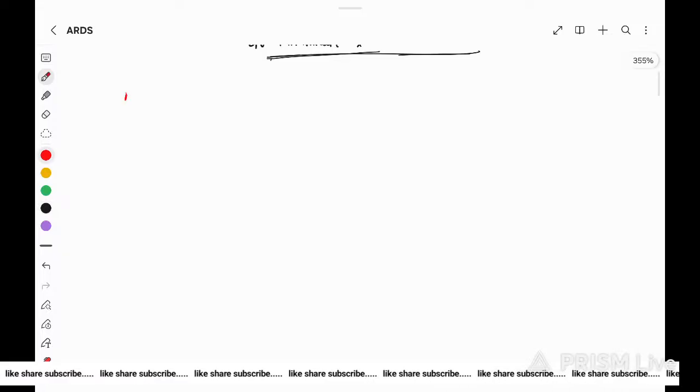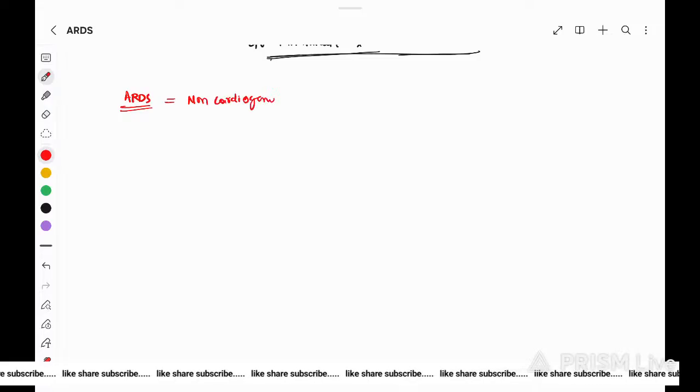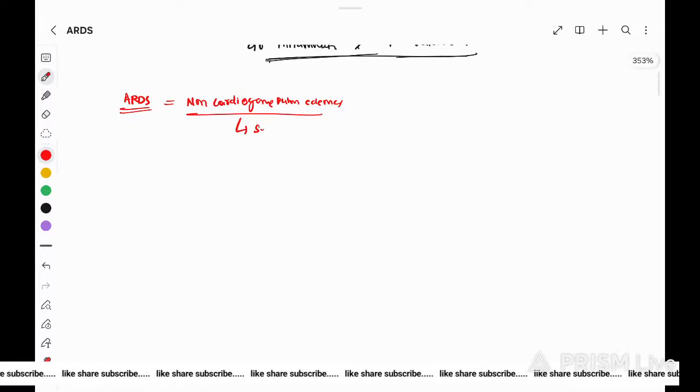Some doctors also say that ARDS is equal to non-cardiogenic pulmonary edema, manifested by severe hypoxemia caused by right to left shunting through collapsed or fluid filled alveoli.